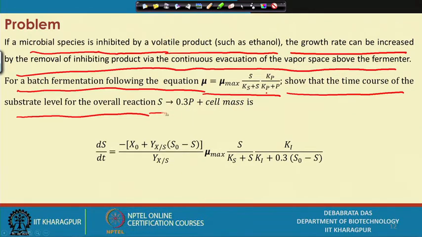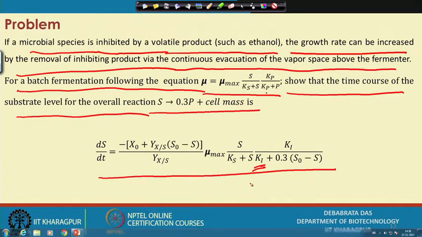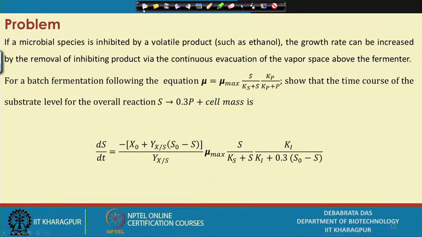If this correlation holds good, then the equation will be dS by dt equal to the expression with X0 minus X, Y X by S, mu, X, and S by Ks, where Ki is the inhibition constant that we shall have to prove. This is the problem that we have. Now, let us see how we can solve it.